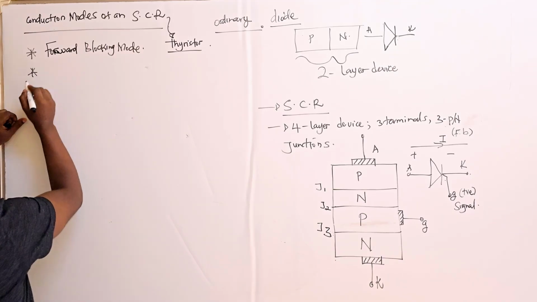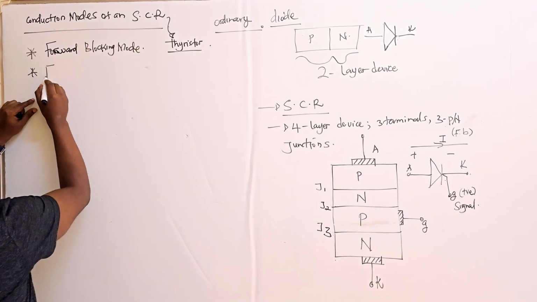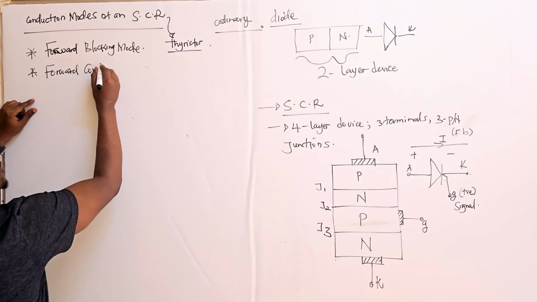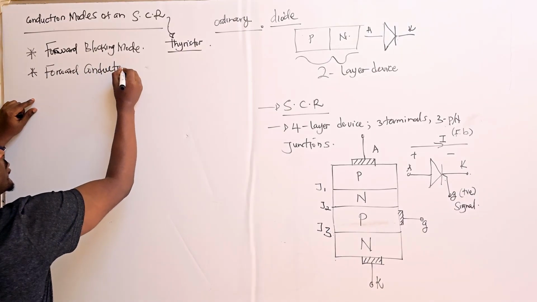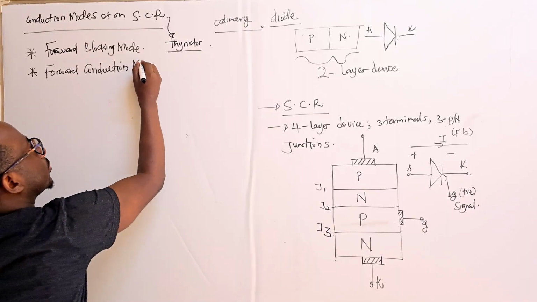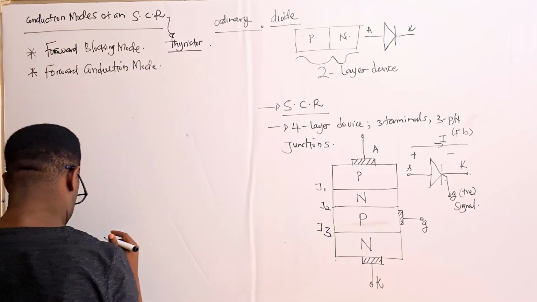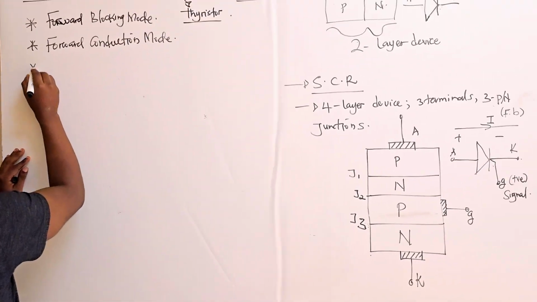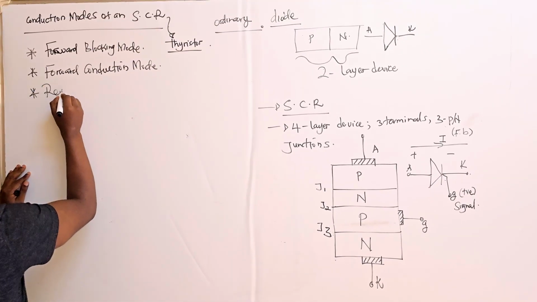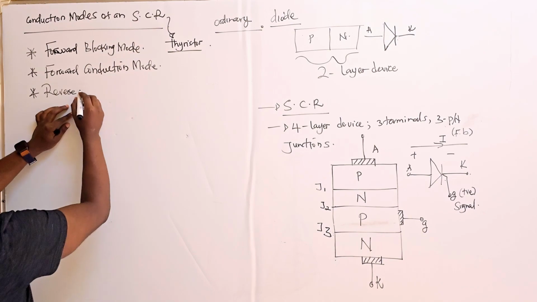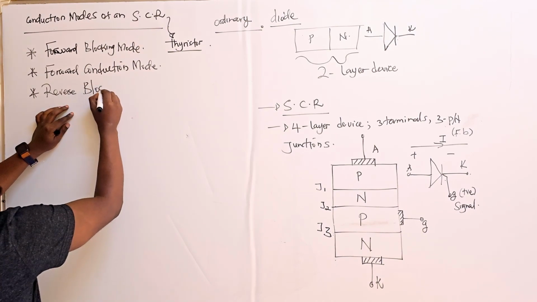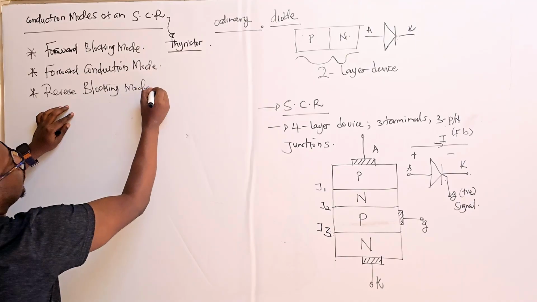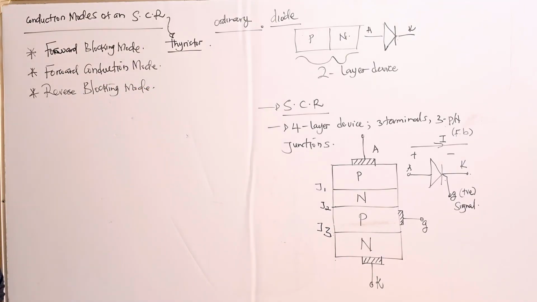We have a second one, the forward conduction mode, and we have the reverse blocking mode.